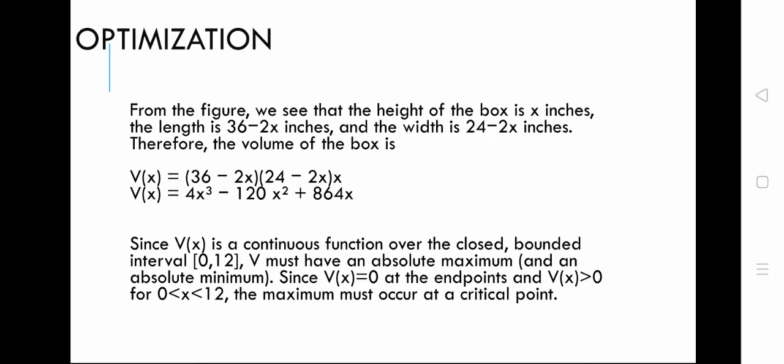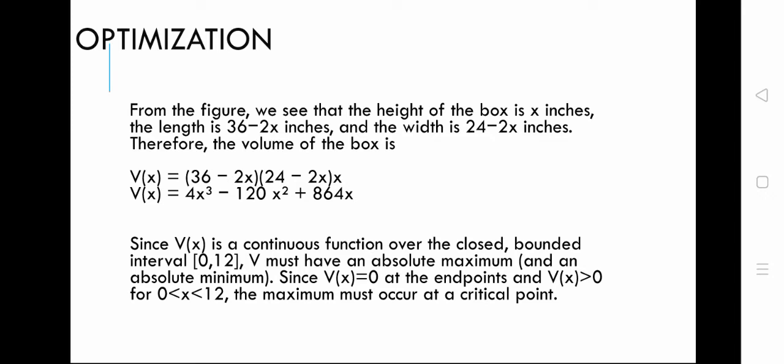So setting up the equation, we'll have V of x is equal to the length 36 minus 2x multiplied by the quantity 24 minus 2x, which is the width, and multiplied by x, which is the height. Distributing the terms will give us V of x is equal to 4x cubed minus 120x squared plus 864x.